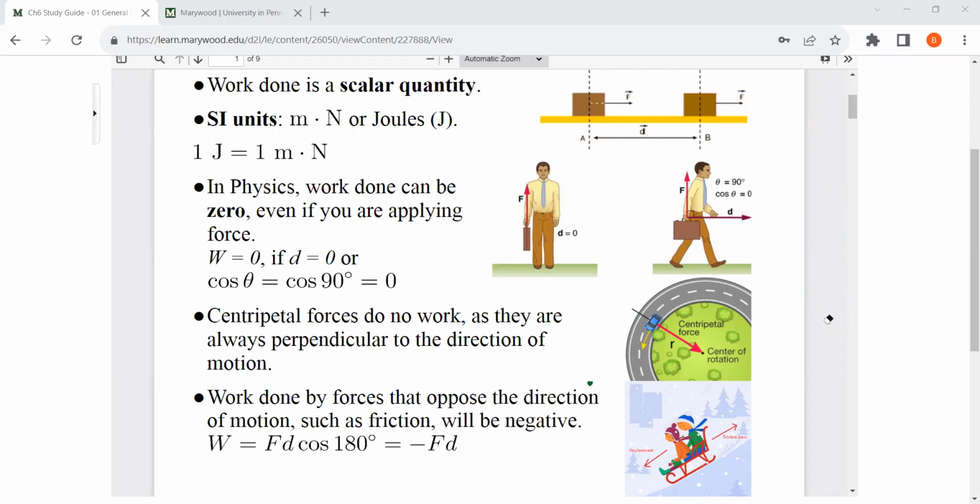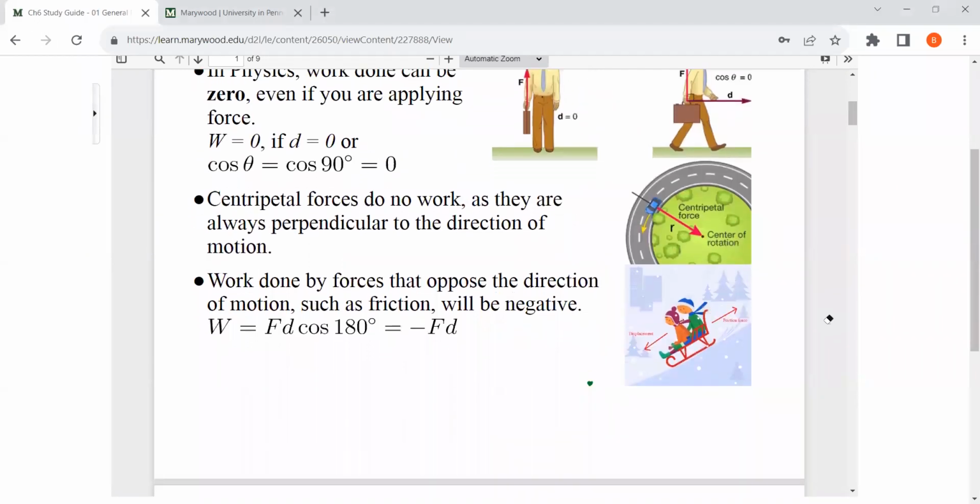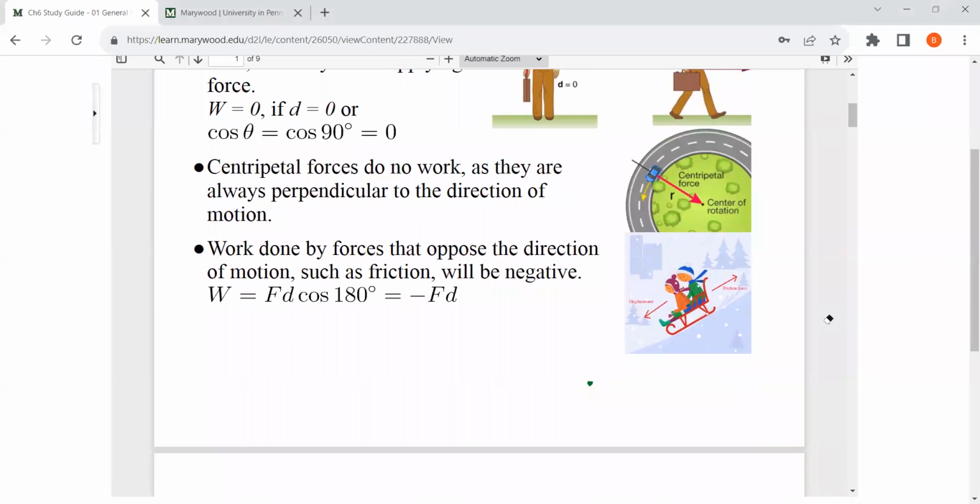Now another example of zero work done is the centripetal force. In the last chapter, chapter 5, you learned about the centripetal force. Let's consider this picture. If you remember from the last chapter, the centripetal force, or radial force, is always toward the center of the circular path.